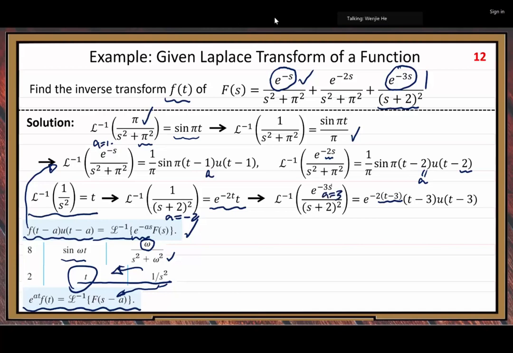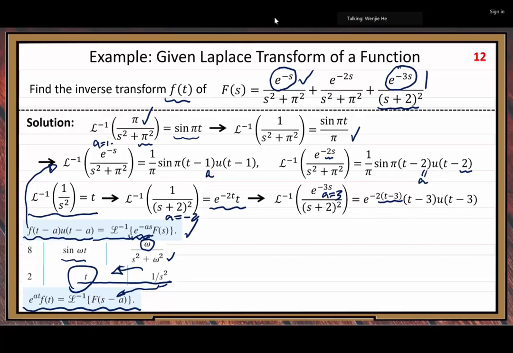So when you apply the theorem, you make sure of the sign: sometimes negative, sometimes positive. This time a equals 3, because here it is e to the negative 3s, e to the negative as, so a equals 3, not negative 3.